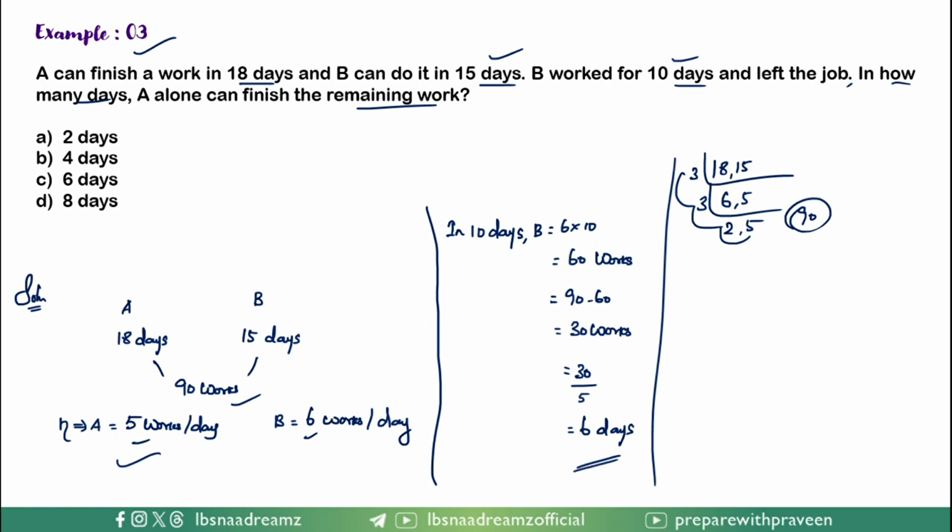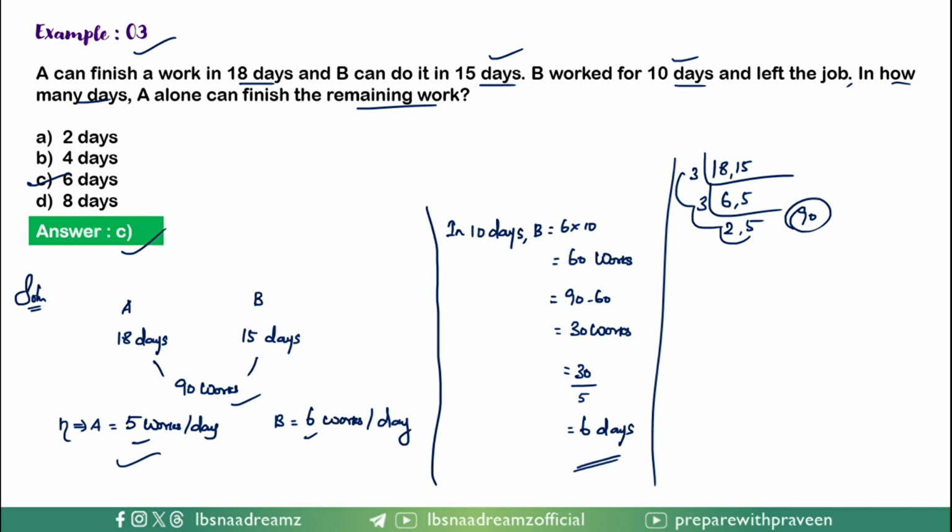Got it? A alone can finish the remaining work in 6 days. So option C. Yes, option C is the right answer. So simple, right? Now let us see the next example.